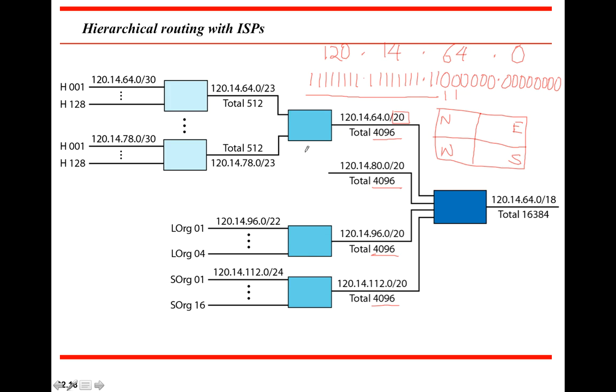Now each regional office will also take the IP address and further add to it more subnet bits. So here we had 20 and now we have 23. Okay, so we are taking 1, 2, and 3 bits.